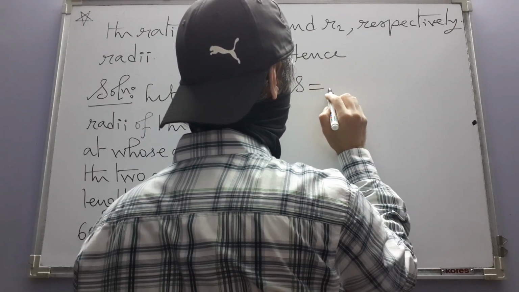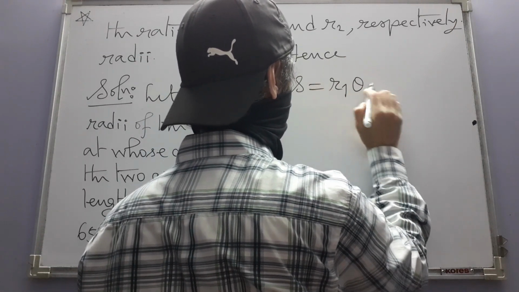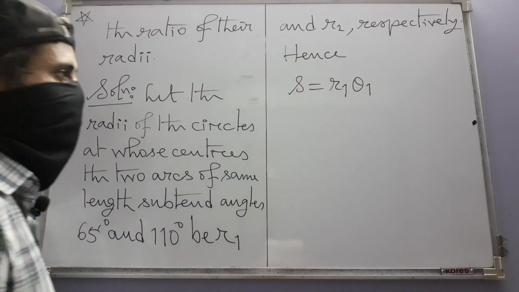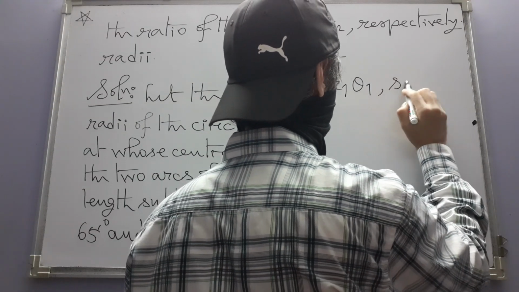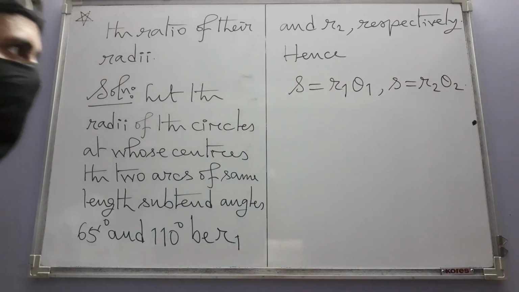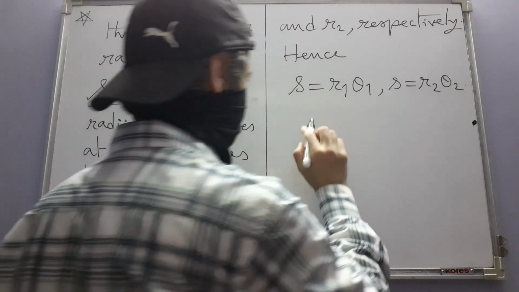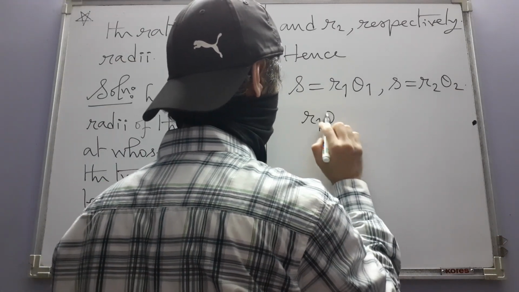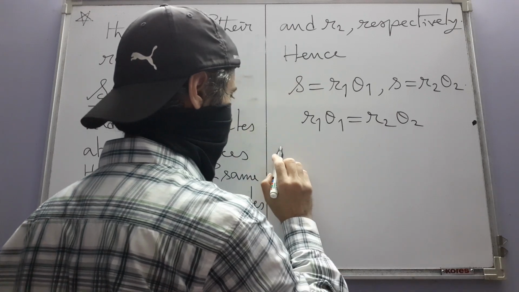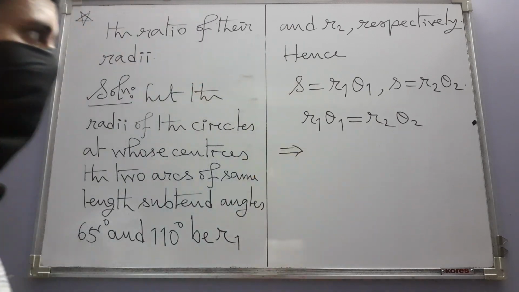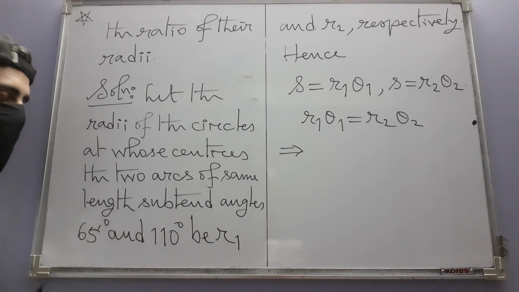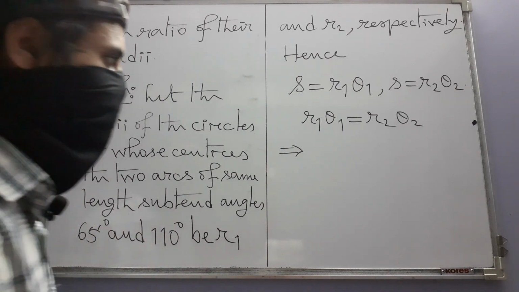So we know that S is R1 theta 1, but at the same time S is also R2 theta 2. From these two equations you get R1 theta 1 is equal to R2 theta 2. Note that I have also not said what theta 1 and theta 2 are, but you do understand that they are the radian measures of these two angles respectively.